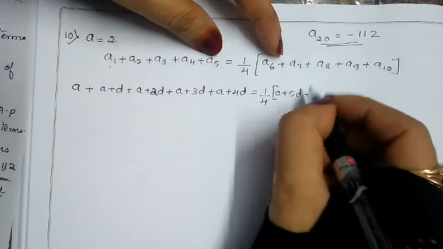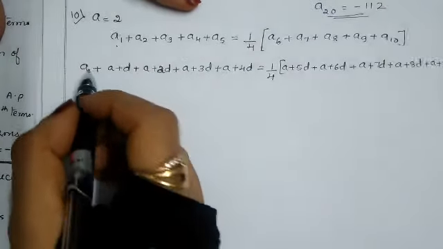So now let us count how many A we have on the RHS and LHS.